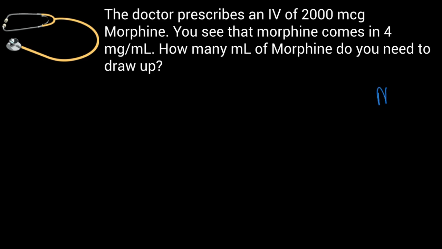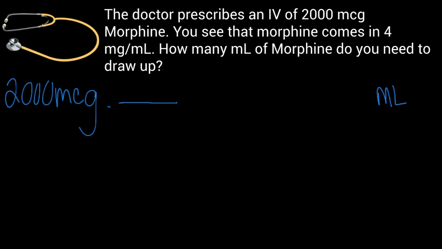To start, we will put milliliters on the right, because that's what we want to get to. The doctor prescribed 2,000 micrograms. So now to go from micrograms to milliliters, we first have to change micrograms to milligrams. So there is 1,000 micrograms in 1 milligram. Micrograms cancel.